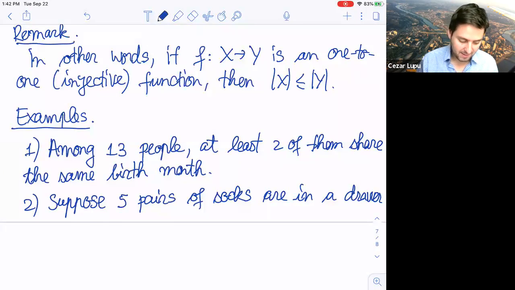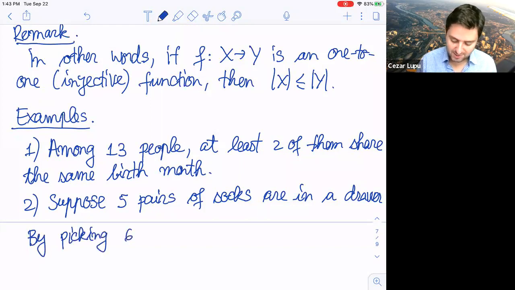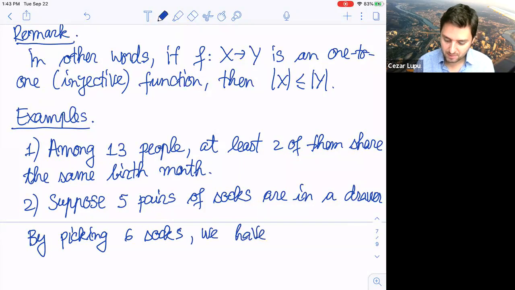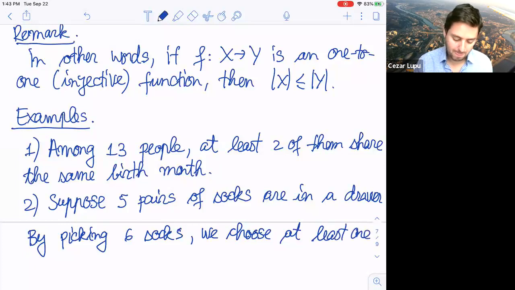By picking six socks, we have at least one pair, right?